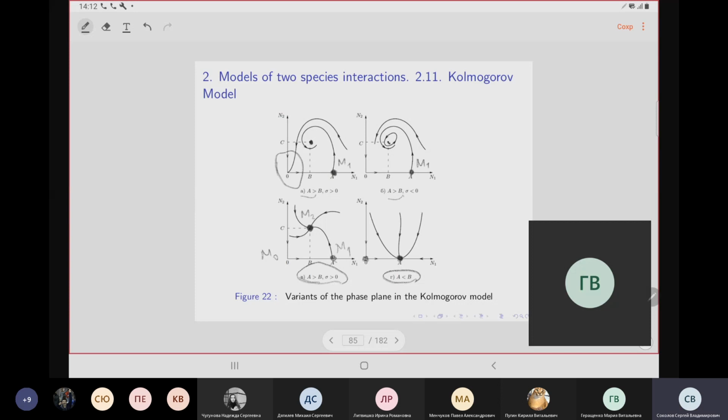I think they should go something like this, because the zero solution is a saddle. So the shape of the curves looks like this. So there can be more complicated dynamics, but both of them will not go extinct.